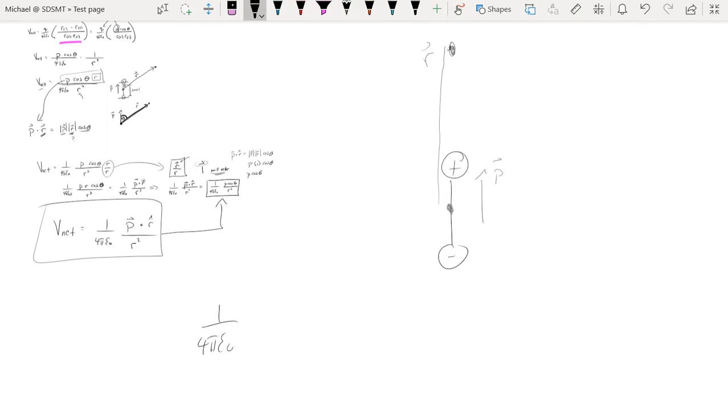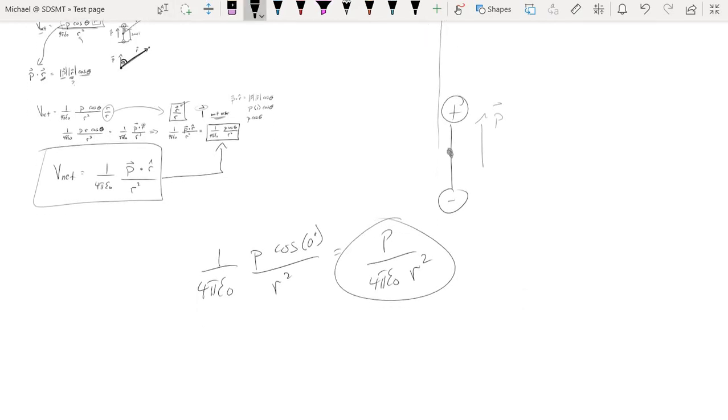That means that the cosine relationship between r and p is 0 degrees. Cosine of 0 is 1. And so we would have p over 4 pi epsilon r squared. And that's it. That is the electric potential, a distance of r directly above the dipole moment.